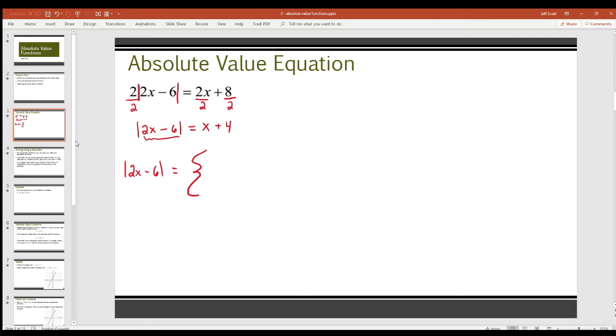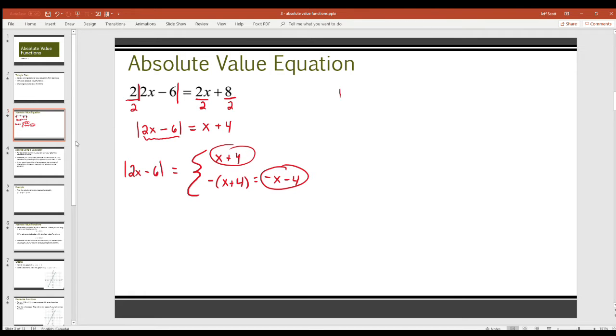It will be equal to x plus 4 under certain circumstances, but it might also equal negative x plus 4, which of course is negative x minus 4. So we have to solve both of these equations, where it's equal to this piece as well as where it's equal to this piece, on separate occurrences.